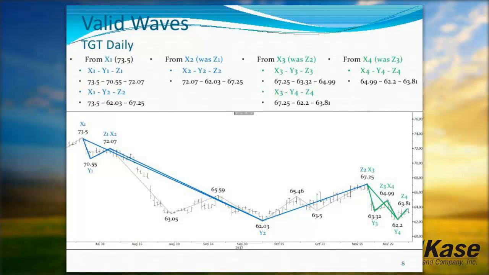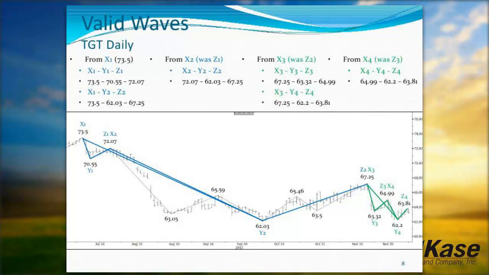All right. However, we can take Z2 and make it an X3. And from that point, because the YZ portions of the waves down from X3 are more extreme, we don't have to worry at that point about making a low below 62.03 because that's in the past.